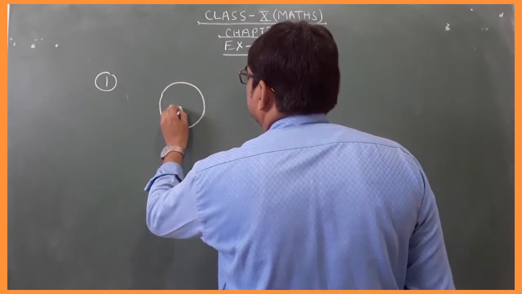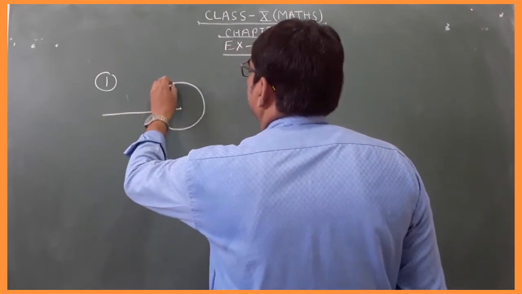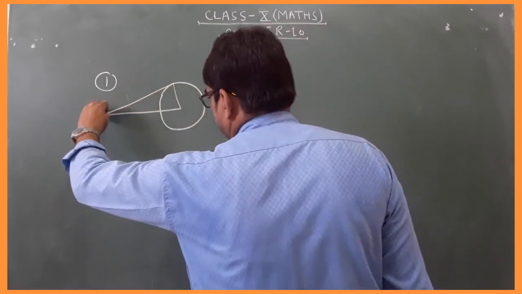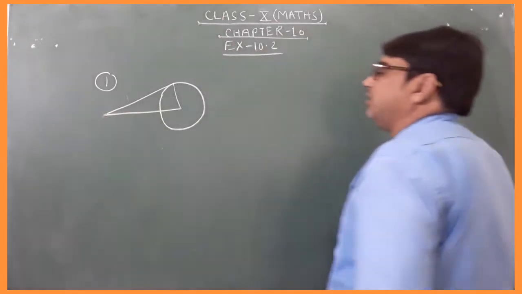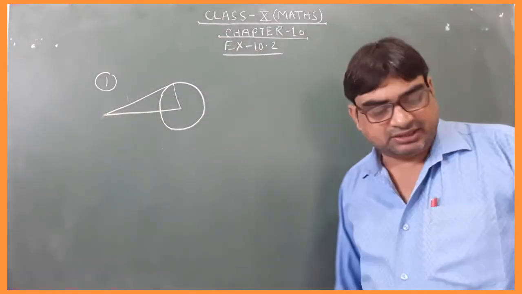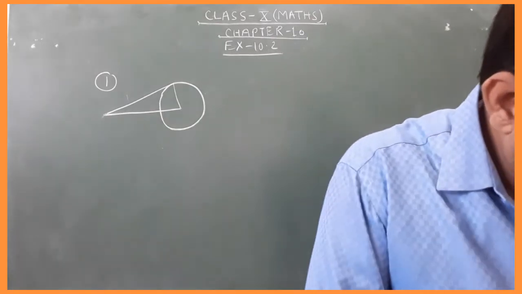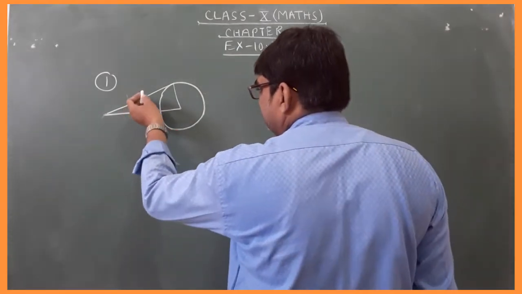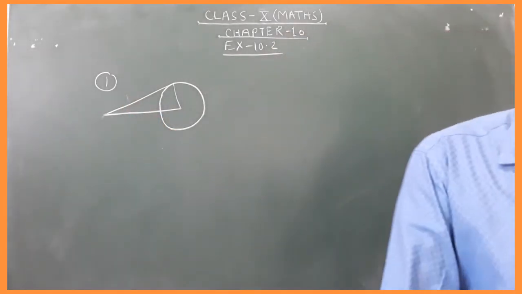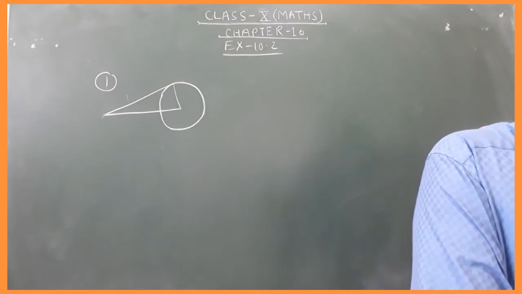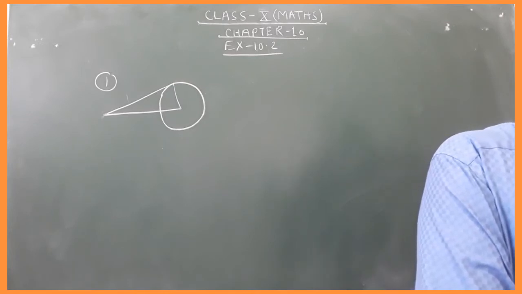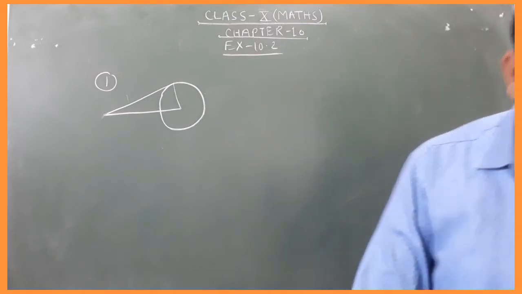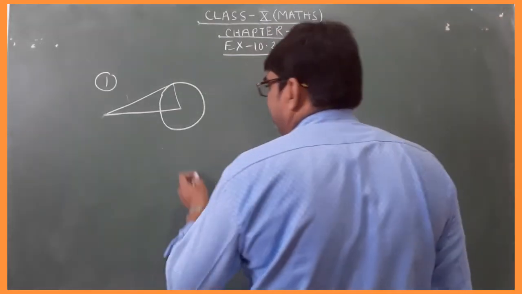इस सर्कल का एक सेंटर है और ये आपकी रेडियस है। और यहाँ से गिवन है the length of the tangent 24 है, the length of the tangent is 24 and distance is 25.